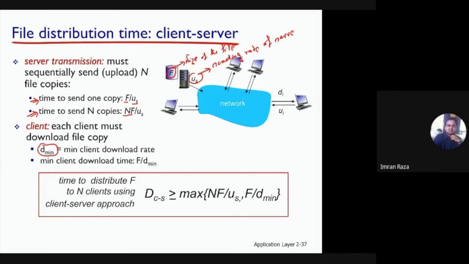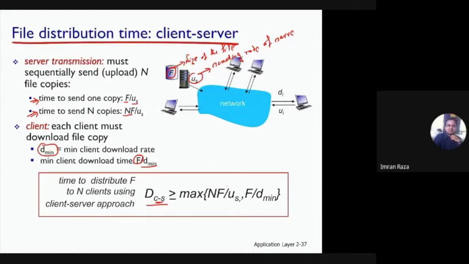The download rate of a client, and how much time it will take a client to download a file: the size of the file divided by the download rate of the client. So the time to distribute a file to n clients using client server architecture, this is the distribution of a file in a client server environment, is greater than or equal to the maximum of these two.